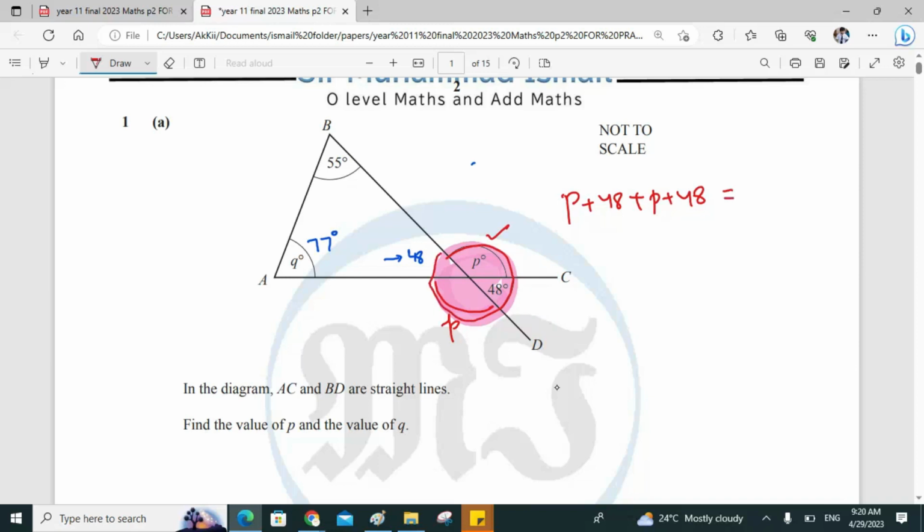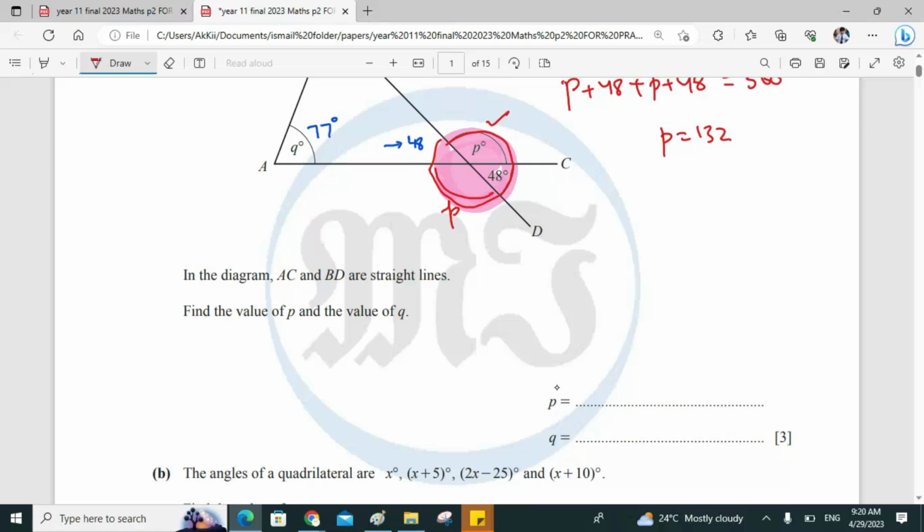It will all become 360 degrees. So you solve this equation, 360 minus 48 minus 48, it will be 264, divided by 2, it is 132, right? The P is equal to 132. Let me write down the answer. For P it is 132, and for Q it is 77, right?